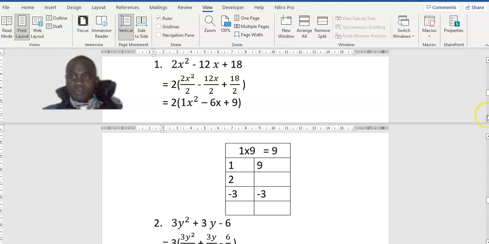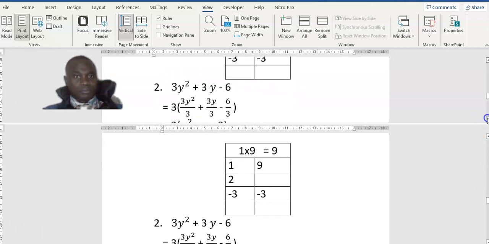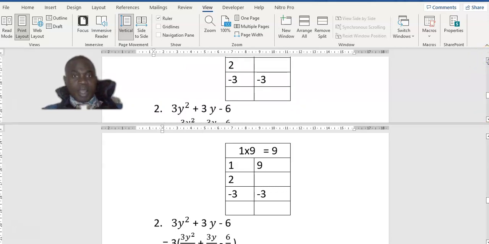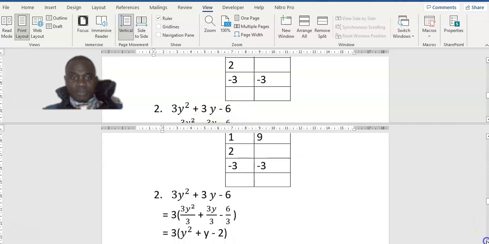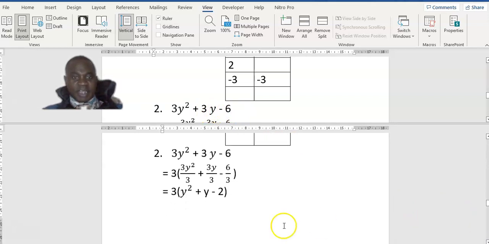Let's move on to the next one. Okay, this is the question: 3y squared plus 3y minus 6. So let's see how we are going to answer that one. The first thing, 3 is a common factor, you bring it out.